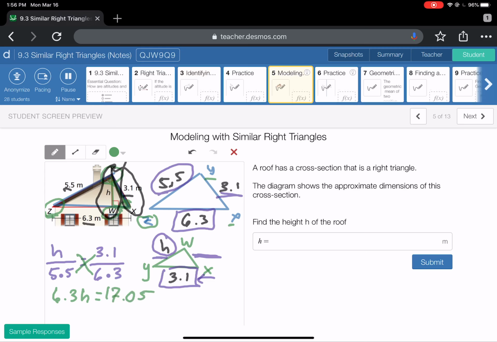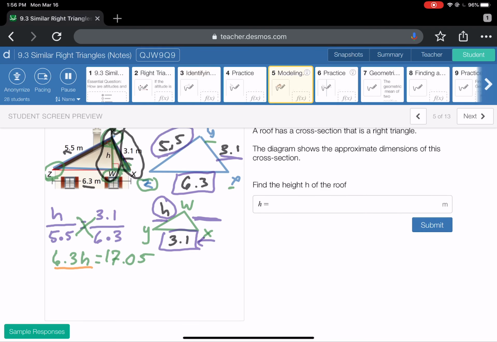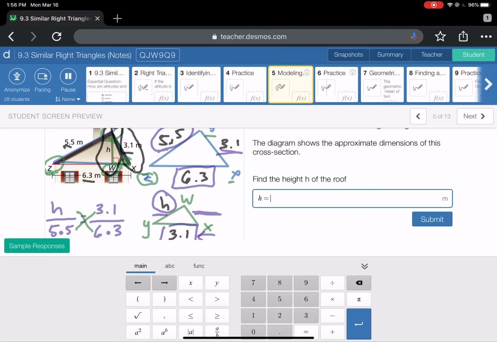And then if we divide both sides by 6.3, h is going to be equal to 2.7, and we're going to round that up to a 1 because we're rounding to the hundredths place. So the height of our roof is 2.71 meters.